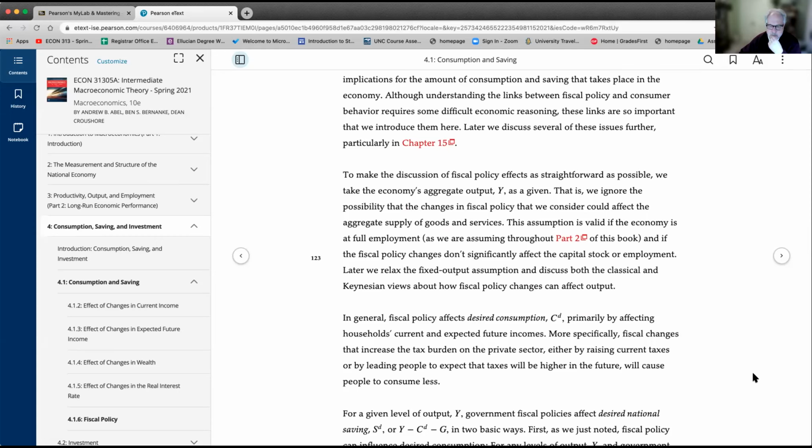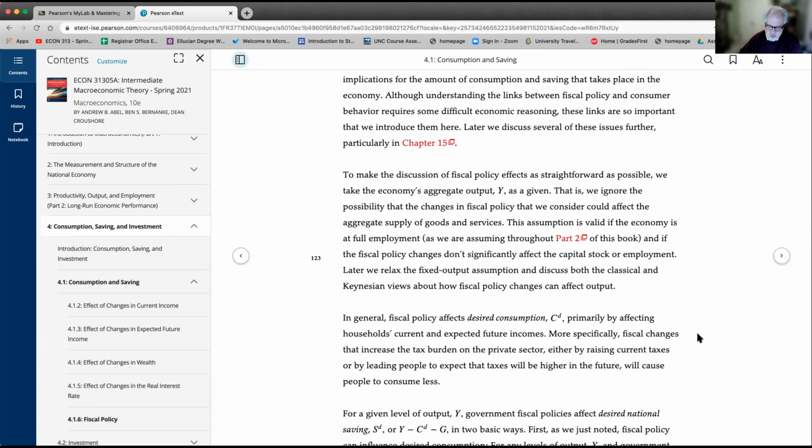All right? But it is possible, as it says here, that fiscal policy can affect desired consumption today, right? It depends what you think is going to happen to taxes in the future, because of a bigger budget deficit today.